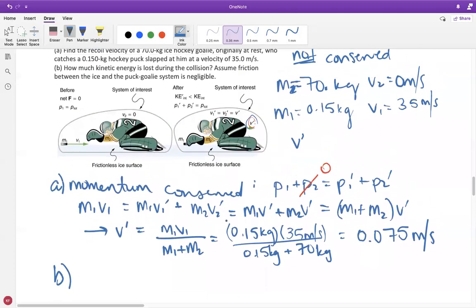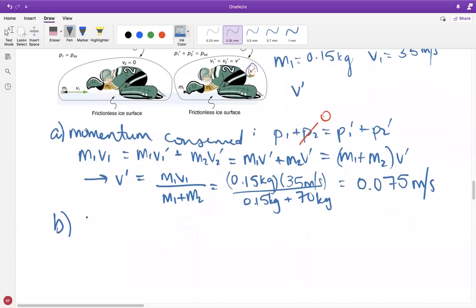Now part B: how much kinetic energy is lost during the collision? What we need to do is find the kinetic energy before the collision and the kinetic energy after the collision. Again, this is an inelastic collision, so kinetic energy is not conserved.